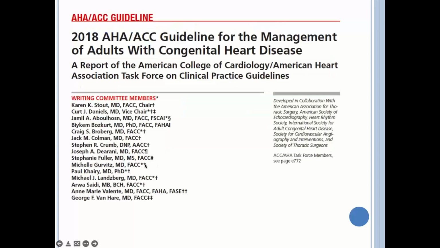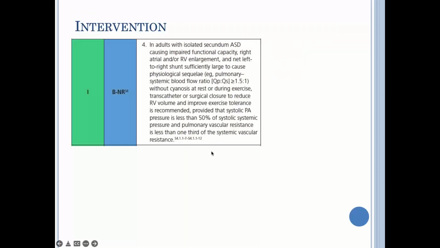And then I'll go over, like I mentioned, the 2018 guidelines, which are somewhat more updated, and the recommendations are a little bit more specific. I've skipped over the diagnosis part, and this is specifically about the intervention.